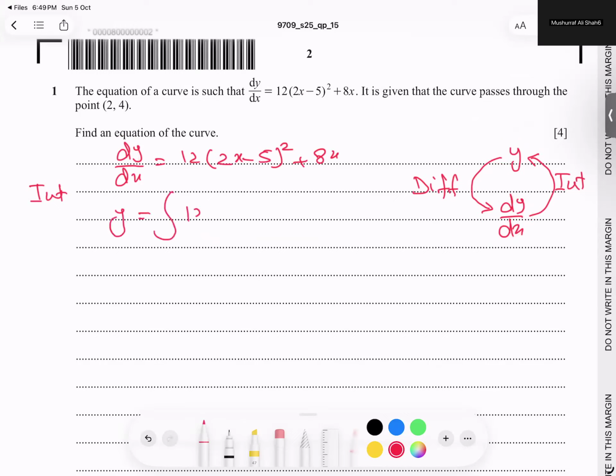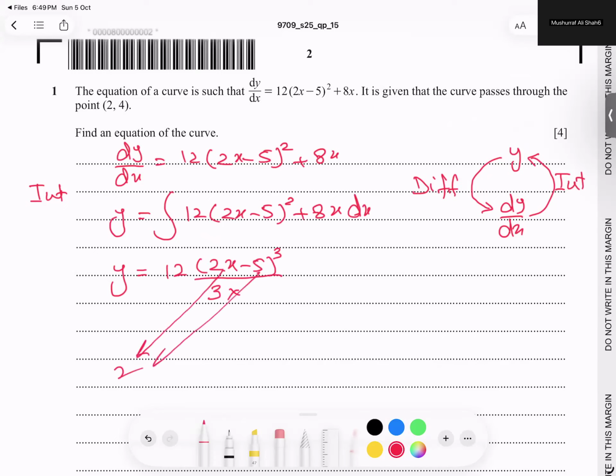The integral of 12(2x minus 5) whole squared plus 8x, and dx must be there. What's the way of integrating? 12 as it is, increase the power of this, which is 2, to 3 and divide by 3. And don't forget the derivative of the base: 2x becomes 2 and 5 becomes 0, so 2 minus 0 is 2.